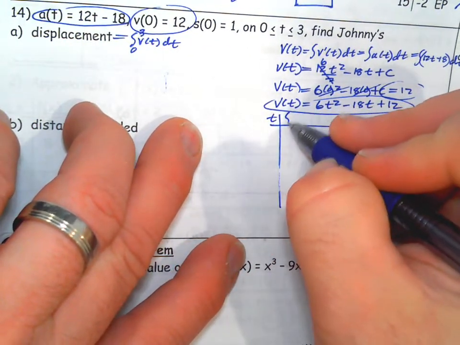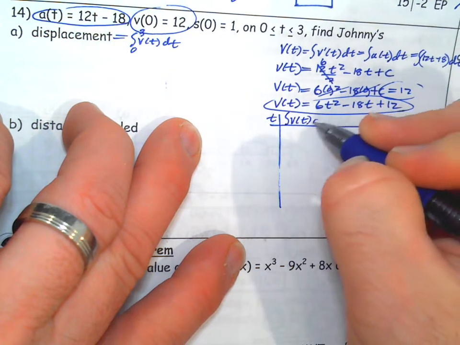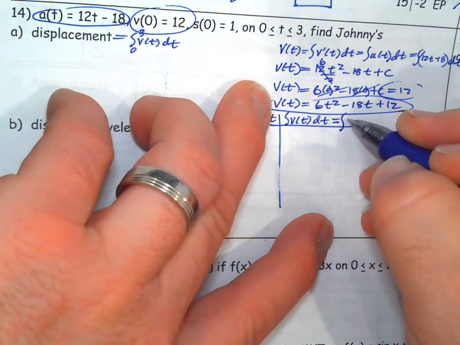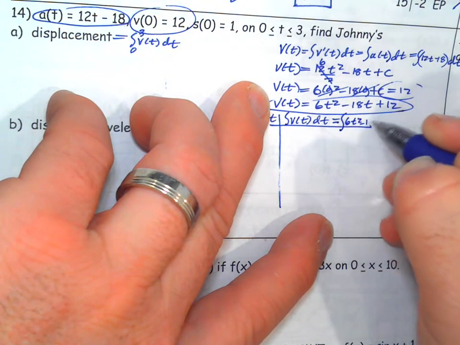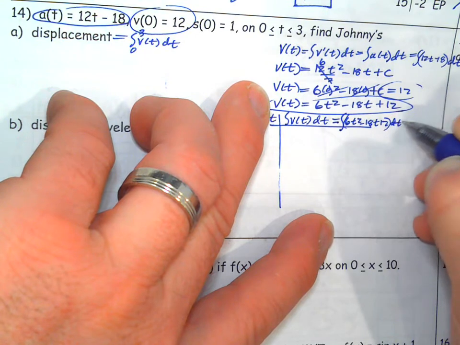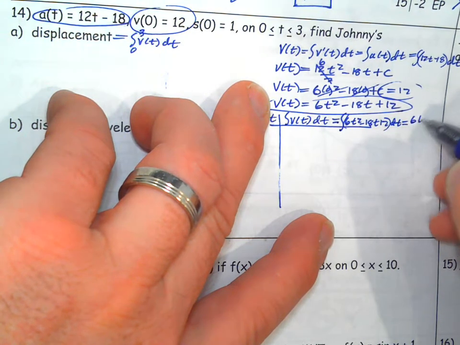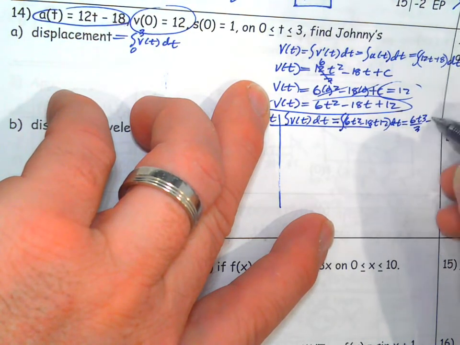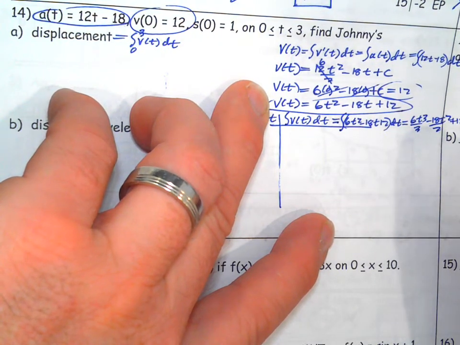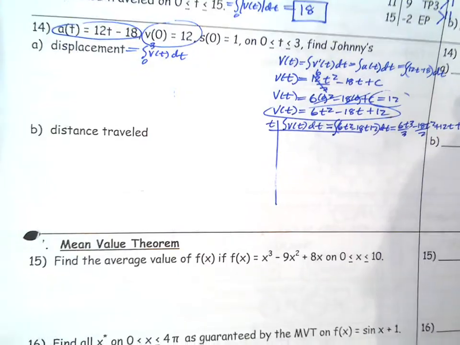So it's going to be the integral of velocity without the absolute values. So that's the integral of 6t squared minus 18t plus 12 dt. And that's going to be 6t cubed over 3 minus 18t squared over 2 plus 12t plus c. Let's zoom out a little bit.